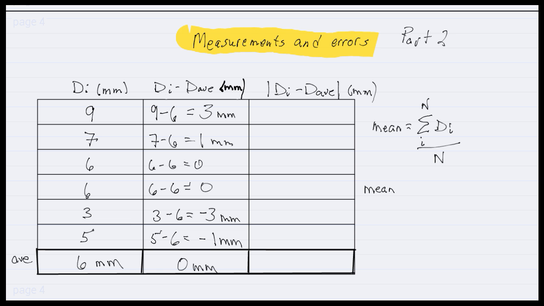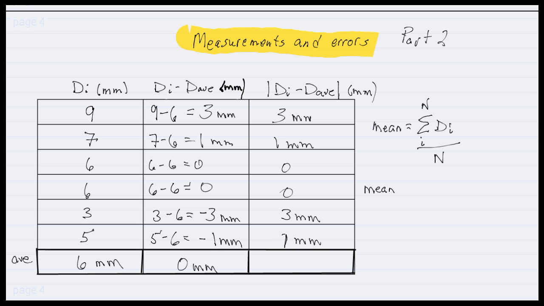So instead, we're going to take the absolute value of these deviations. We can use what we have and just take the absolute value. So we have 3 millimeters, 1 millimeter, 0, 0, 3 millimeters, and, my apologies, the last one is 1 millimeter.